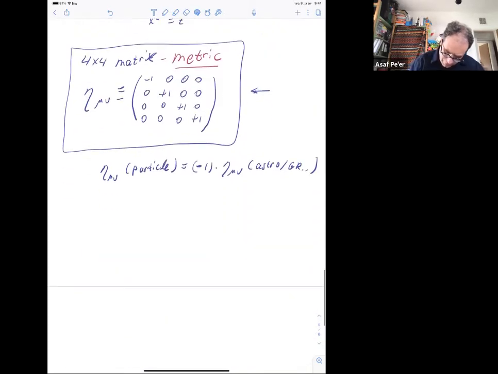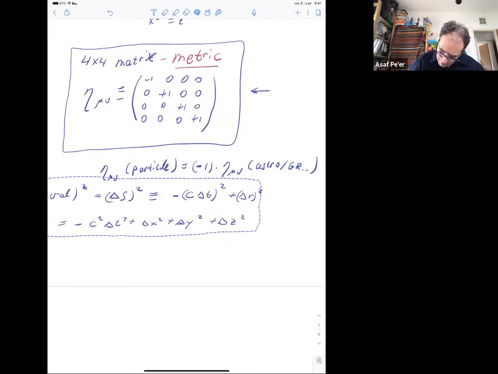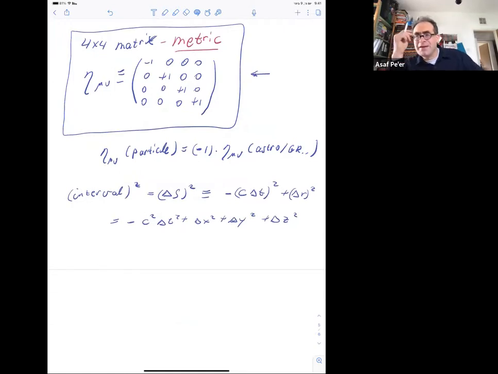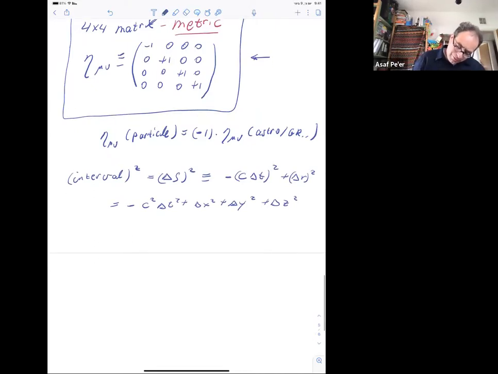Now I can take it and paste it here. It actually works. So using that, I can now write the interval in a much more compact form. I can write down the interval delta S squared as the sum over mu and nu, which go from 0 to 3, of eta mu nu times delta x mu times delta x nu.